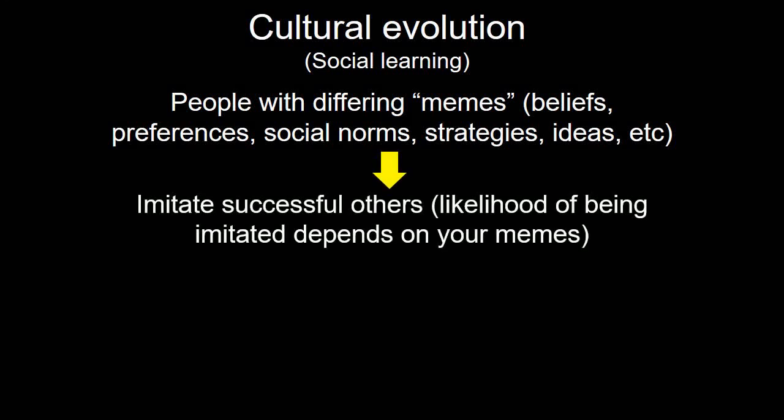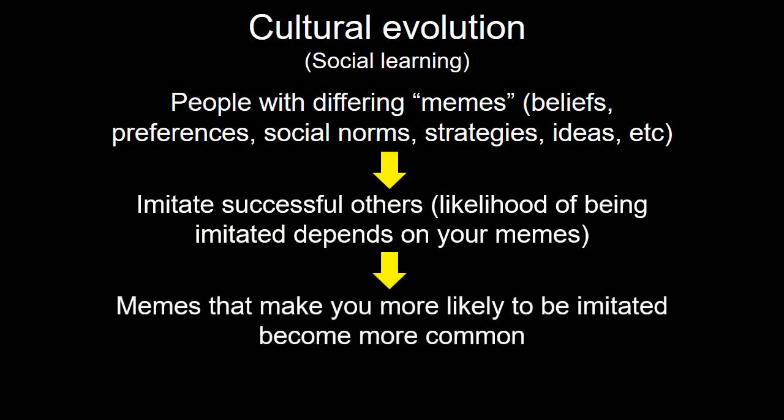These different features of individuals, in the game theoretic term, I'm going to call a strategy, which defines everything about how a person makes choices. Those different strategies lead to differential levels of success. People sometimes decide to change their strategy, and the way they do that is they look around and say, who seems to be doing well? Okay, let me copy the people that are successful. That means natural selection occurs in this space of memes, where memes that make you more successful, and therefore more likely to be imitated, tend to spread through the population.